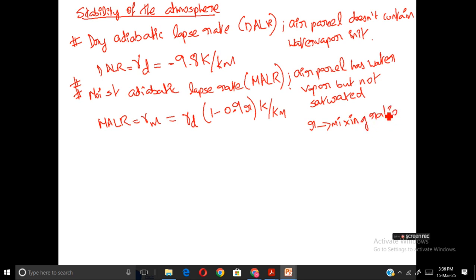When the parcel is moist, the amount of water vapor present in the air parcel also needs to be considered. So there is an additional term to the dry adiabatic lapse rate, which is 1 minus 0.9 into R.